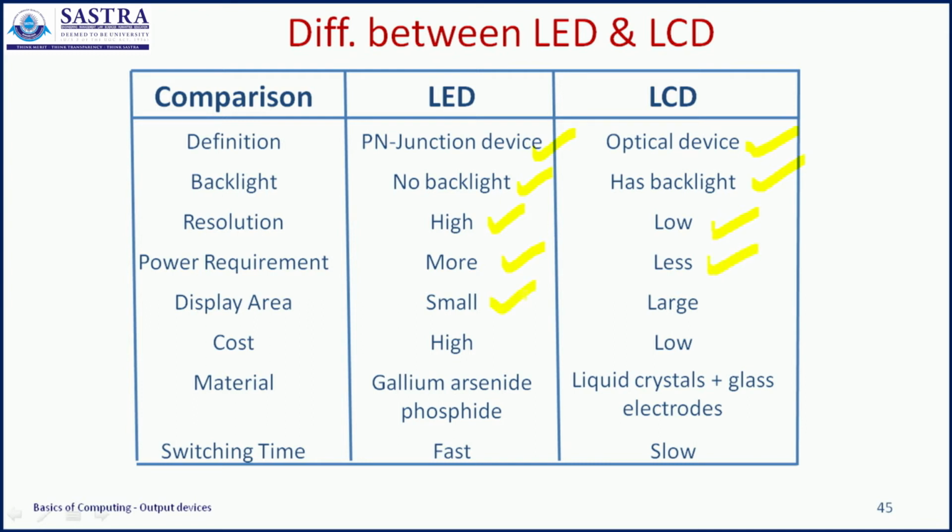The display area is very small in the case of LED, whereas LCD has a large display area. The cost is high for LED displays, and LCD displays are of lower cost. What is the material used for making LED displays? It is gallium arsenide phosphide, whereas LCDs have liquid crystals and gas electrodes. The switching time is fast in LED, whereas for LCD it is slow.